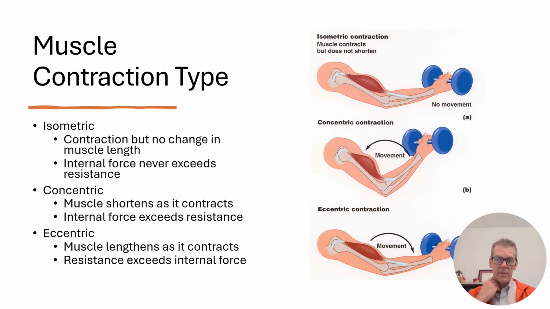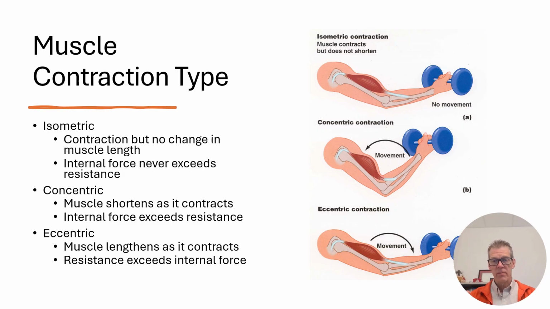Lastly, and hopefully this is something you've all seen before and it'll be a little bit of review, but it's important. There are different types of muscle contractions, and up till now I've been talking mostly about a concentric contraction. We're making the muscle shorter, we're creating more and more force, we're overcoming gravity. That's a concentric contraction. So let me back up.